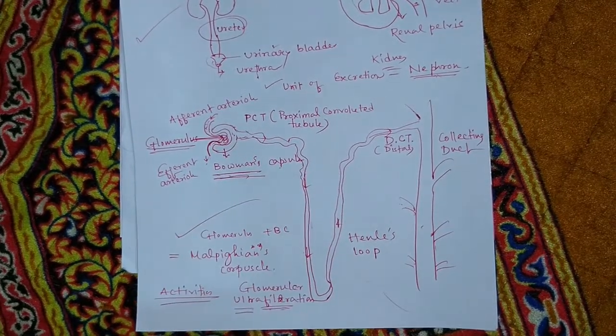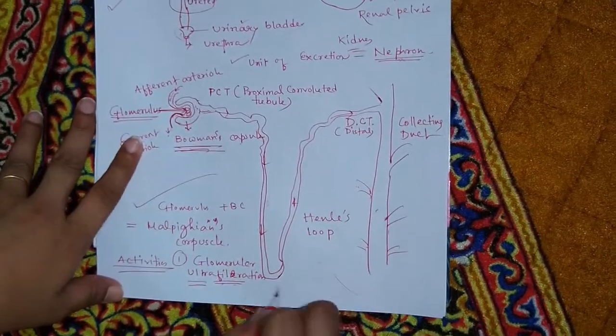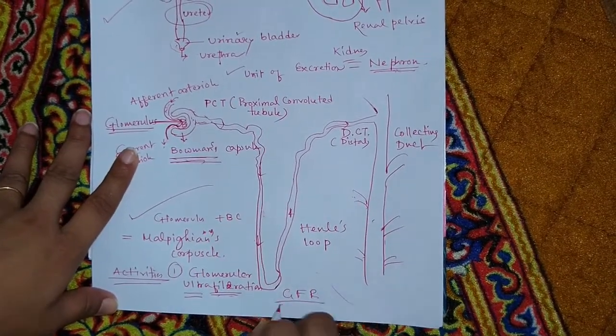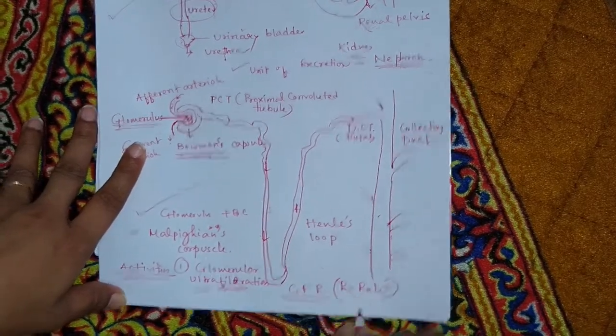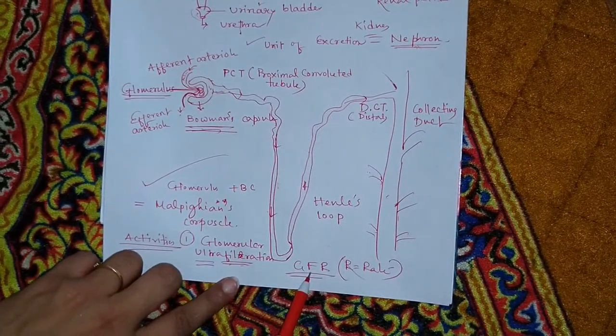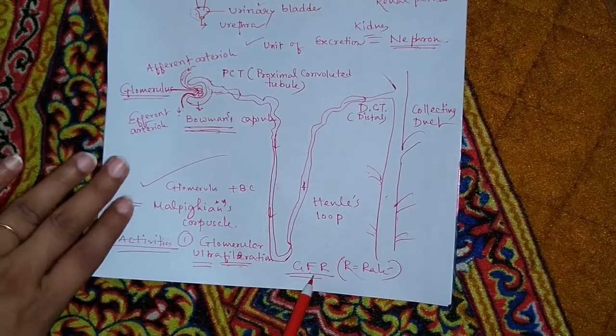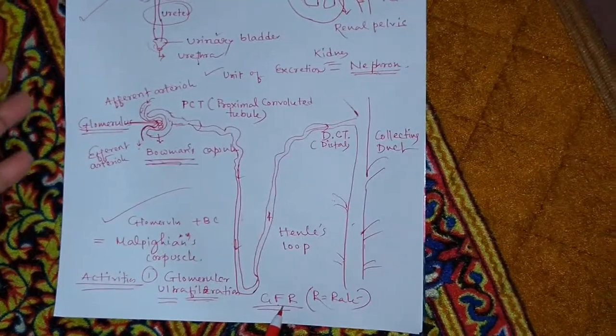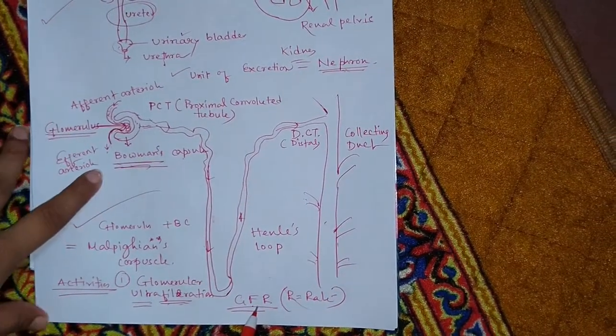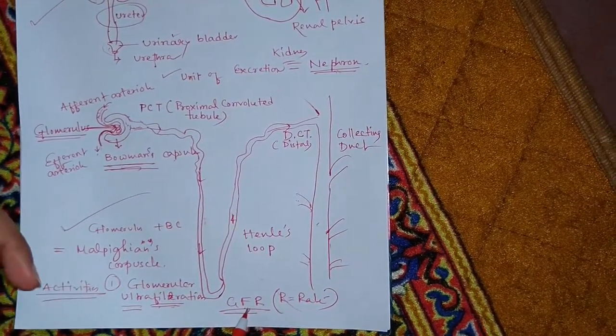So that is glomerular ultrafiltration. We say GFR, glomerular filtration rate, R for rate. It's very essential. If your GFR is not working properly and the rate declines, then the kidneys may fail. So that raises the question of the artificial kidney.